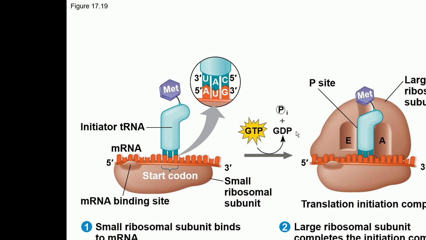So once the translocation has taken place and the uncharged transfer RNA has reached the E site, it will just leave the ribosome. That's why it's called the exit site. Basically, on the P site there will be a transfer RNA which will have the chain of amino acids.